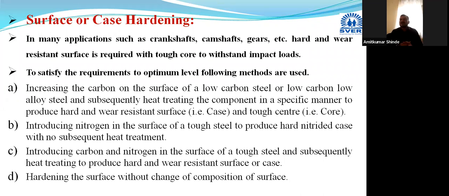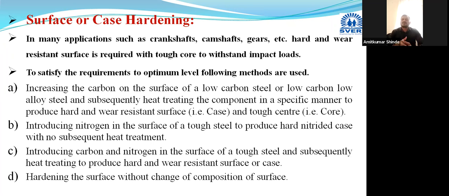Initially we will start with the concept of what is the meaning of surface hardening, or case hardening, why it is done, and why it is required. In many applications, you are using components like camshaft, crankshaft, or different types of gears.